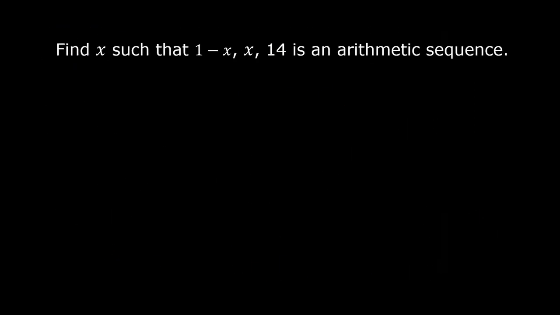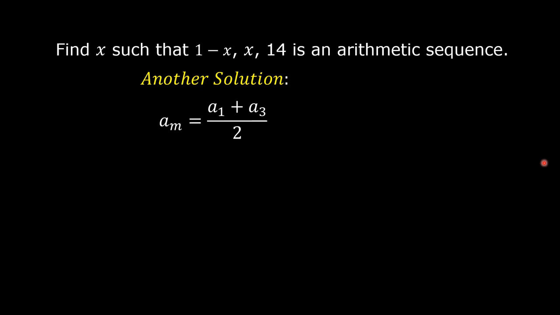It's the same problem. Find x such that 1 minus x, x, 14 is an arithmetic sequence. Another solution. We are going to apply the formula for finding the arithmetic mean.